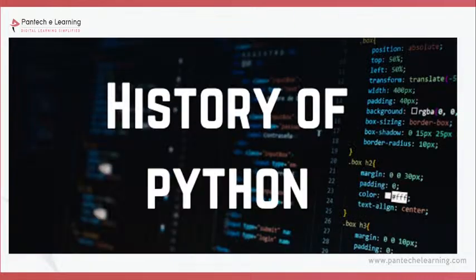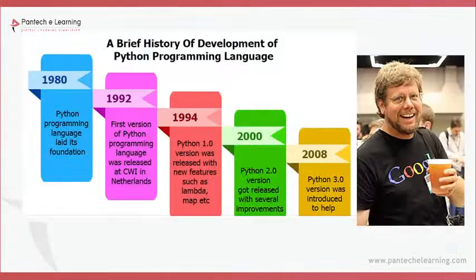Okay, history of Python. Here we have the history, the journey of Python from the 1980s to 2008. The foundation was first laid in 1918. After that the first version was introduced in 1992, and some improvements and new features were added in 1994.